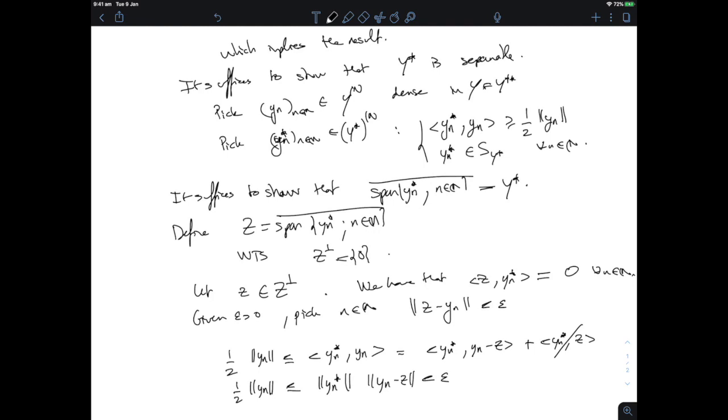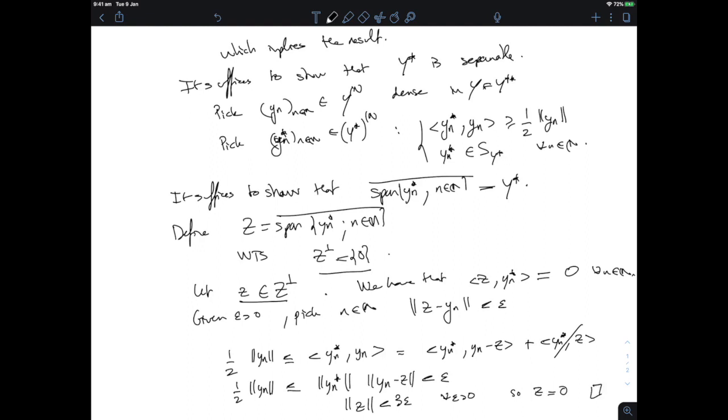And now, okay, but what does that tell me about my z? Well, my z therefore has to be smaller than 3 epsilon, because yn is smaller than 2 epsilon, z minus yn is smaller than epsilon, so z is smaller than 3 epsilon. And epsilon was arbitrary, so z has to be 0, and my z was arbitrary in Z perp, so Z perp is trivial, and that means that Z is the whole space, so Z is equal to y star, and we've proven that y star is separable.